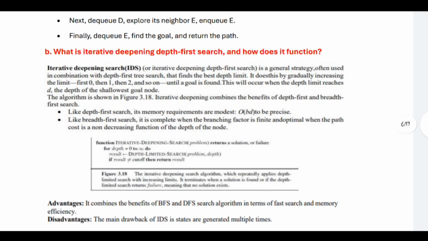It is also very simple, guys. It is a general strategy that combines with depth first tree search to find the best depth limit. So it is not plain depth first search, it depends on finding the best depth limit.